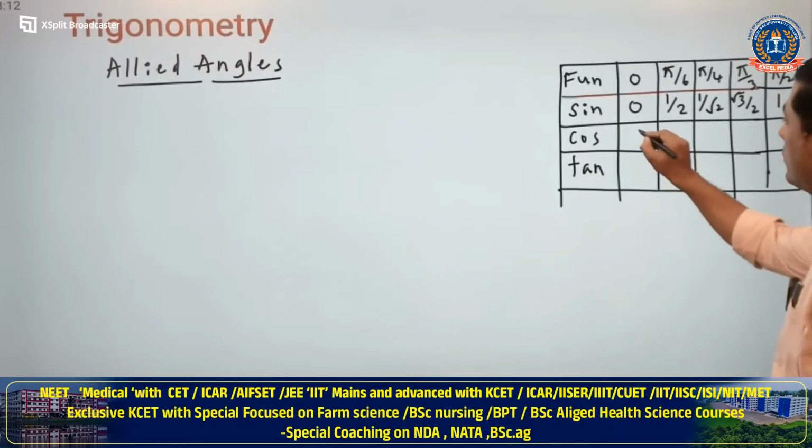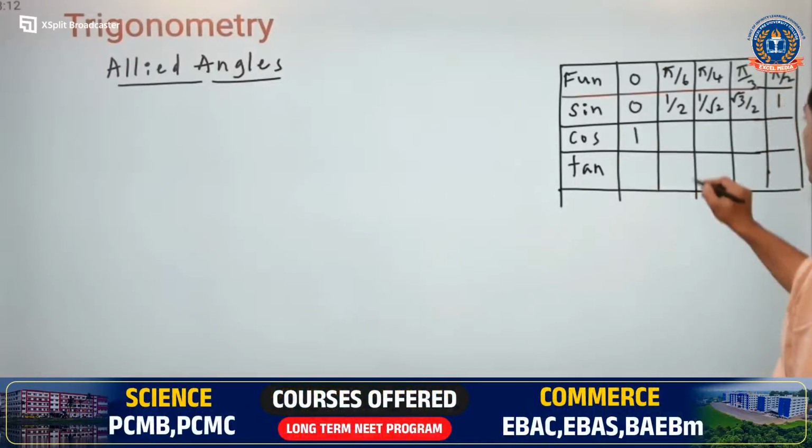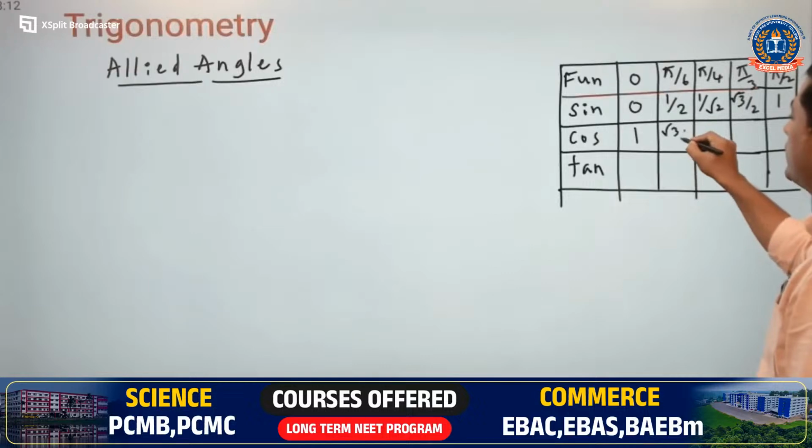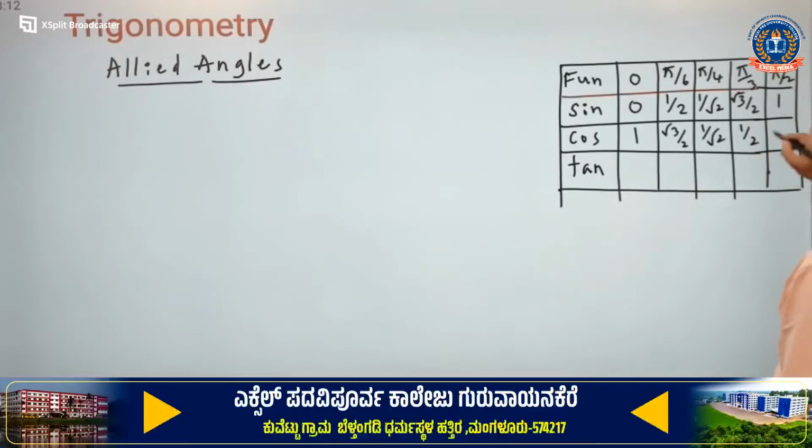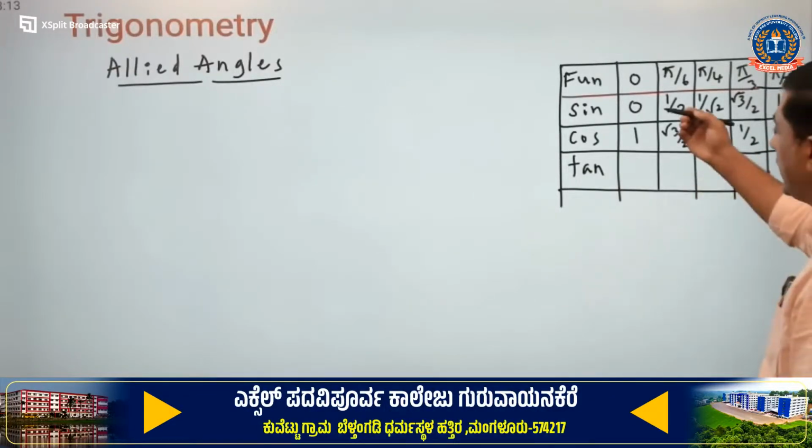Similarly, cos 0 is 1, cos 30 is √3/2, cos 45 is 1/√2, cos pi by 3 is 1/2, and cos 90 is 0. And then next, tan.